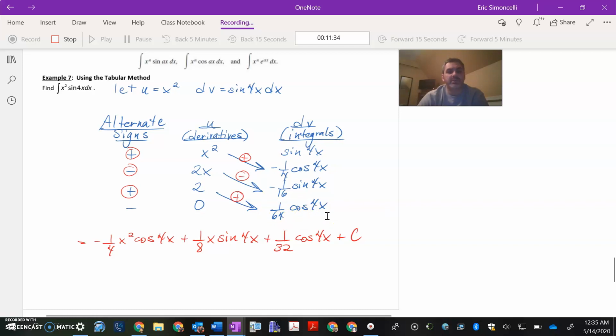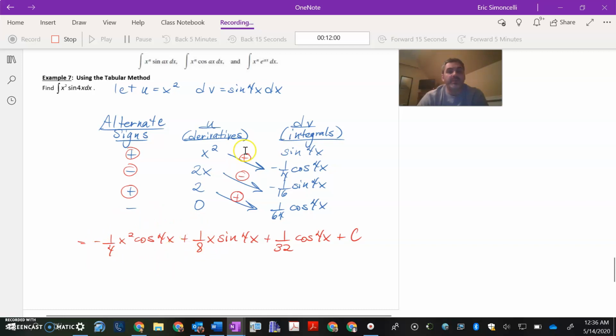A couple things to note as far as these signs go. We do this in a diagonal manner in which we take the u derivative times the dv integral. So if you take x squared times negative 1/4 cosine 4x, there's the first term in your resulting expression.